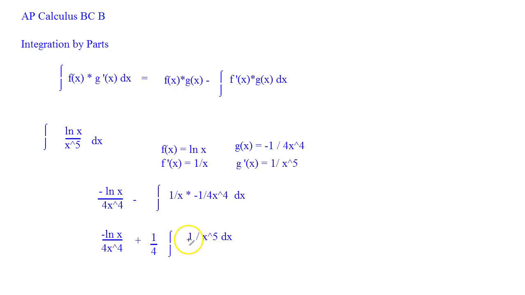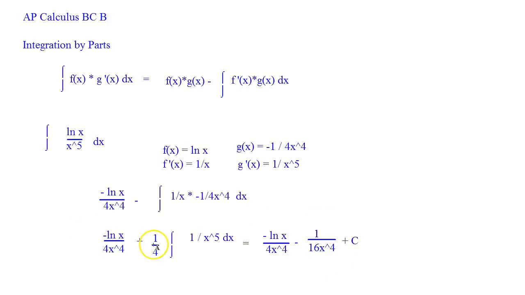We do the integral of this again, and you should get the same thing as exactly what you did over there. Now the 1/4 times this turns into negative 1 over 16x to the fourth. We just add the c at the end to take care of our arbitrary constant, and you're all set. So that's it for integration by parts.